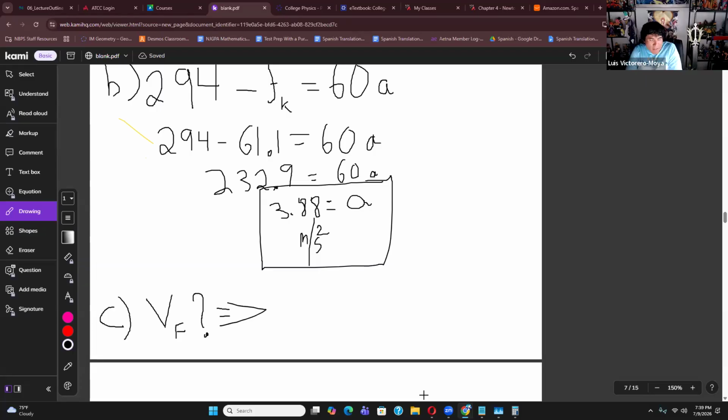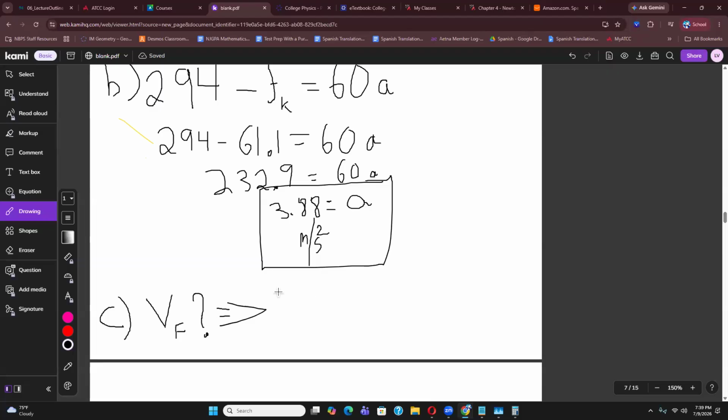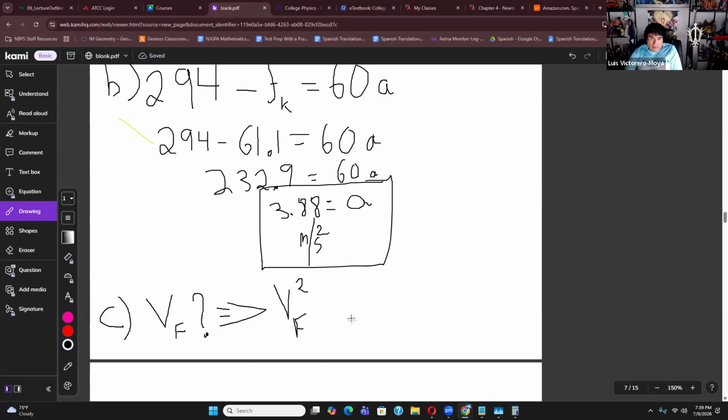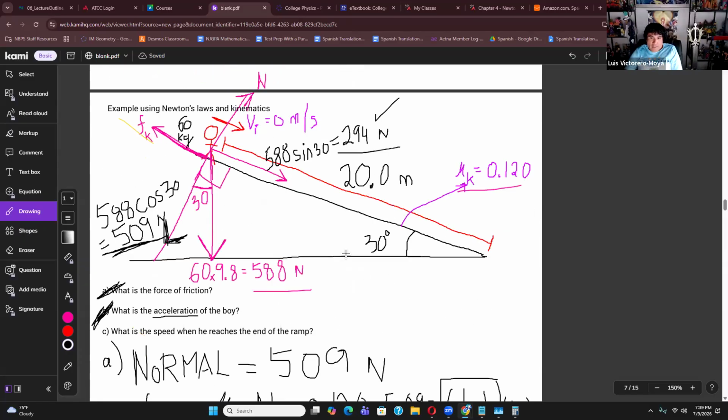That's kinematics. You would use v final squared equals v initial squared plus 2ax. Yeah, you want to use that. v initial is 0, it's from rest. v final, you want to find. The acceleration is 3.88, x is 20.